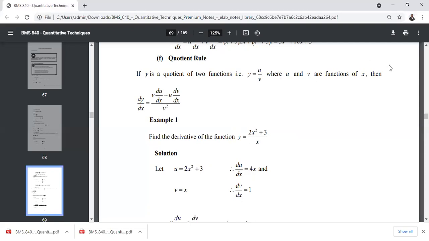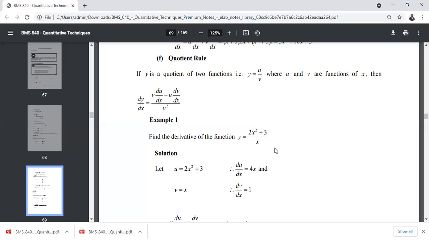Then our formula for getting the division or the quotient is v du over dx minus u dv over dx. Kindly note these are minus, then we divide by v squared.